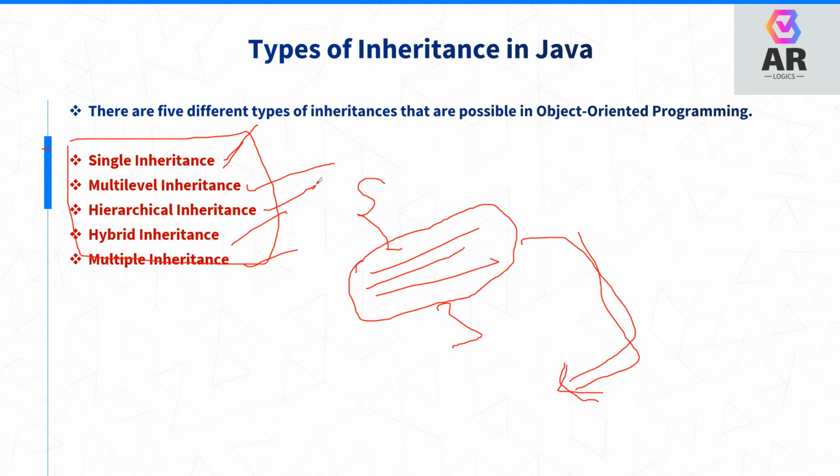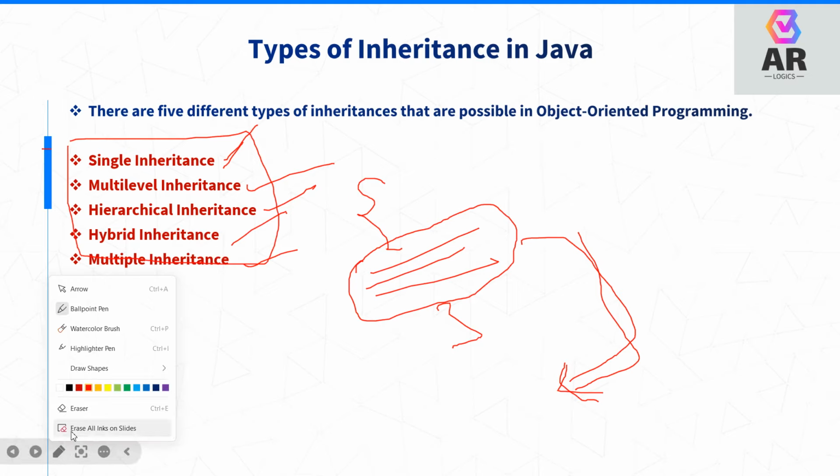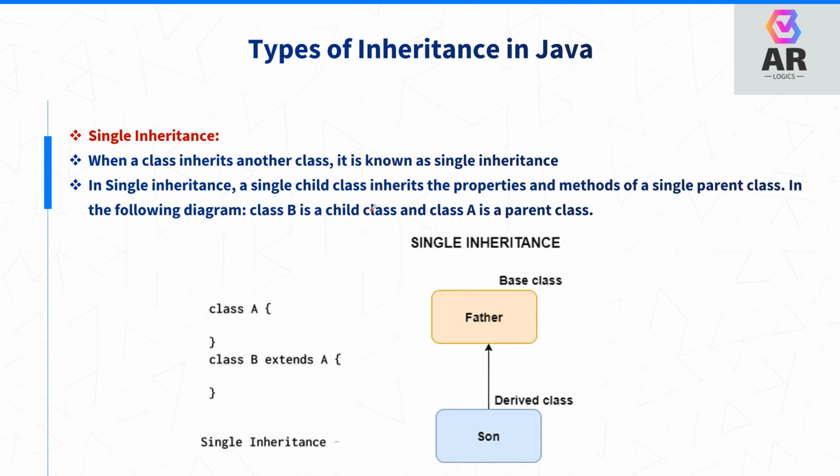First one is single inheritance. How to use it? Single inheritance is when a class inherits from another class.